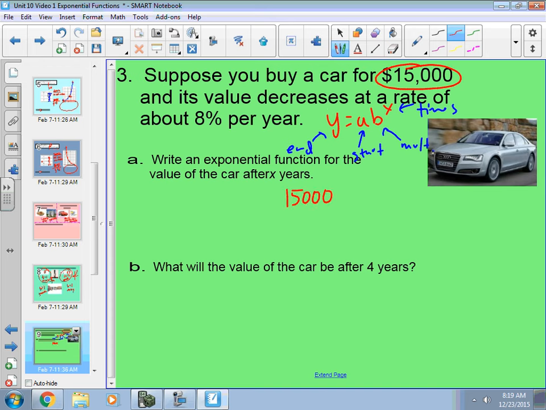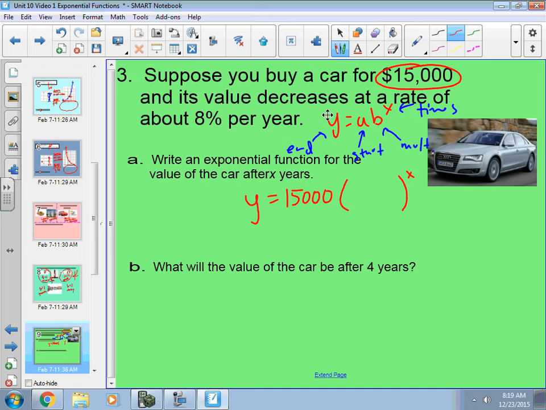Okay, what's our multiplier? We'll come back to that one in a second here. We don't know our ending value, and we also don't know how many times we're doing this right now. So that's going to be a variable. All right, so it says it's decreasing at 8% per year. So we got to figure out, what is that going to be?